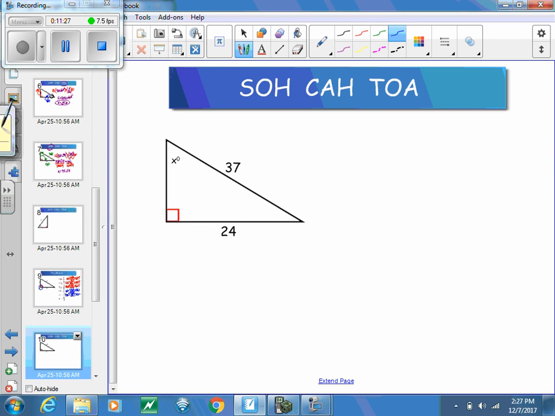So going over an example, here's a right triangle where I'm trying to find x. Here's x. Notice that I'm given the opposite side and the hypotenuse. So here's the opposite side, here's the hypotenuse. Of SOH CAH TOA, the one that deals with opposite and hypotenuse is your sine function.